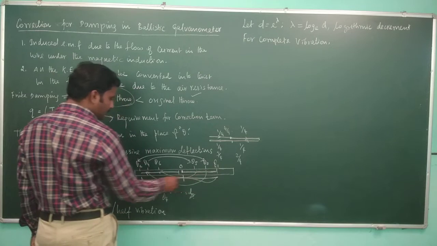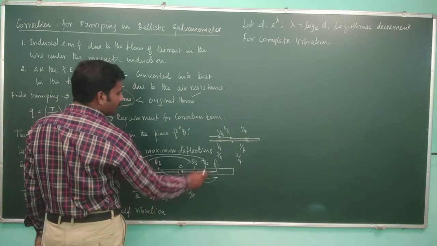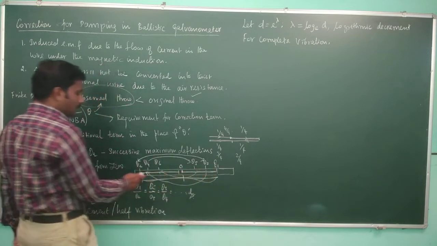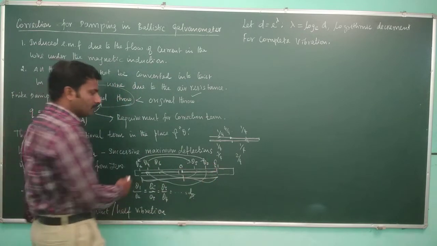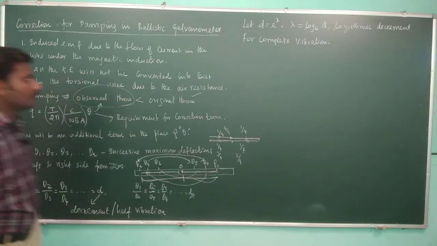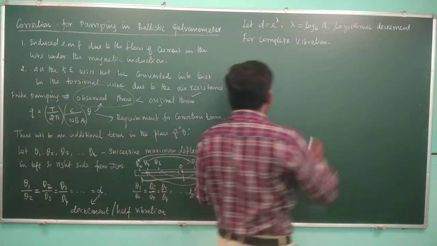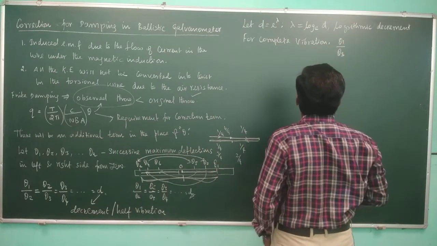Starting from theta 1 and reaching theta 2, you won't obtain theta 1 again; rather, you will go only up to theta 3 because of damping. So for complete vibration the ratio is theta 1 by theta 3.